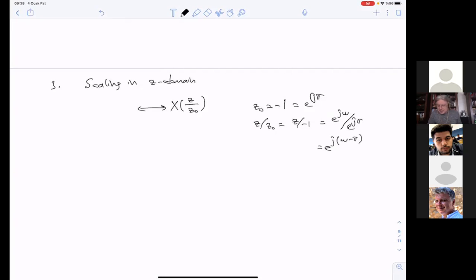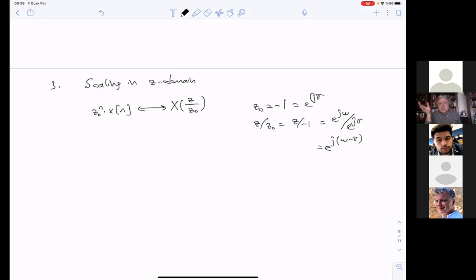Now that's interesting, because it means there is some amount of shift in the frequency. And we know that if you shift in the frequency, then you have to multiply with a sinusoid in the time domain. And that sinusoid for this overall expression appears to be like this: x of n times z0 to the power n.